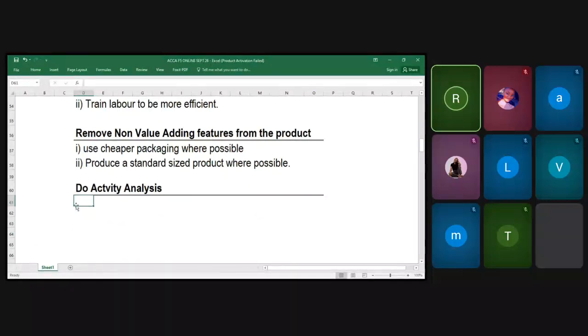So is every activity adding value? No. So sometimes we might also need to remove non-value adding activities, e.g., duplication of efforts.